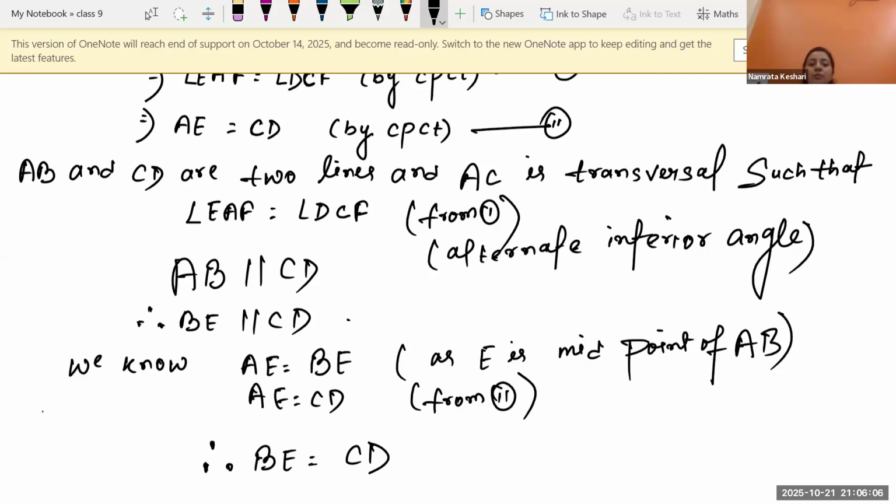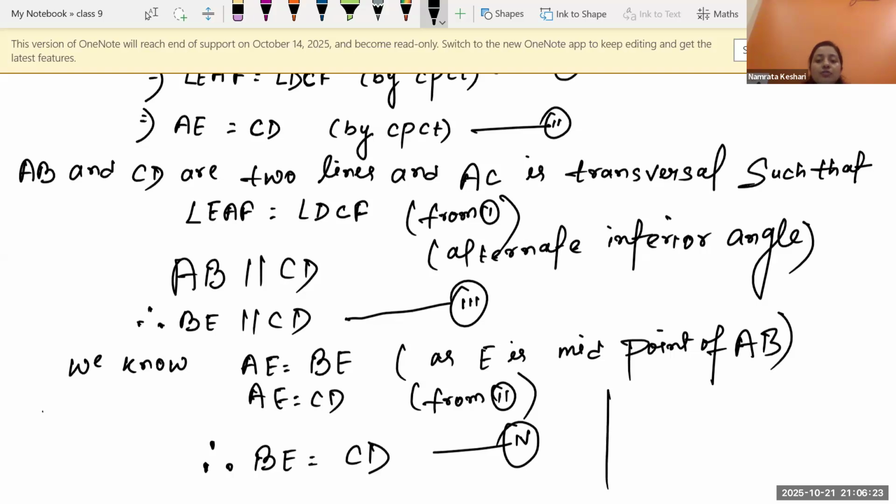You can mark this one as condition number 3, and this one as a 4. From 3 and 4, we can declare that this is nothing but a parallelogram, where opposite sides are parallel as well as equal. Hence, it has to be a parallelogram.